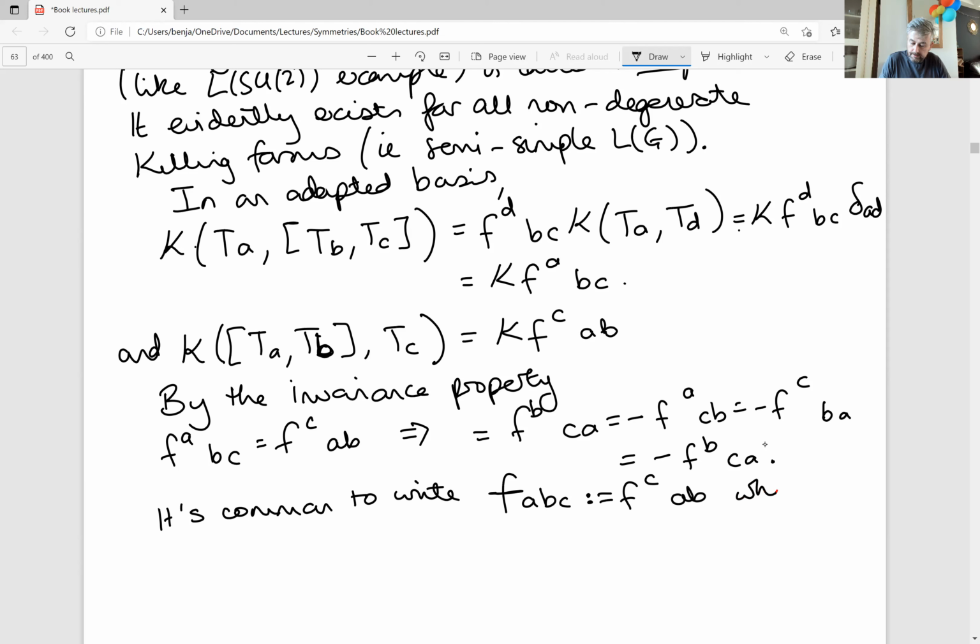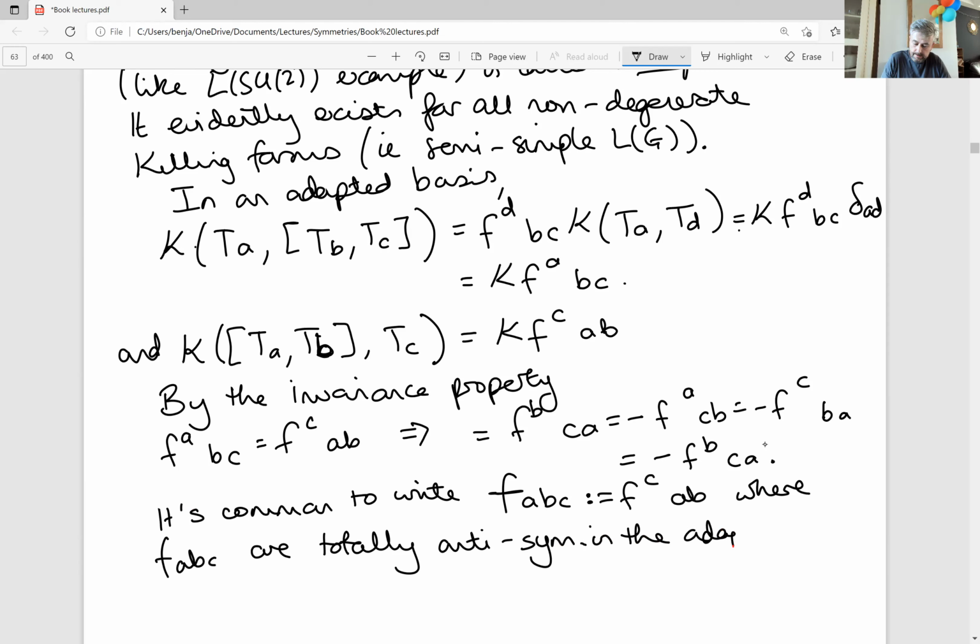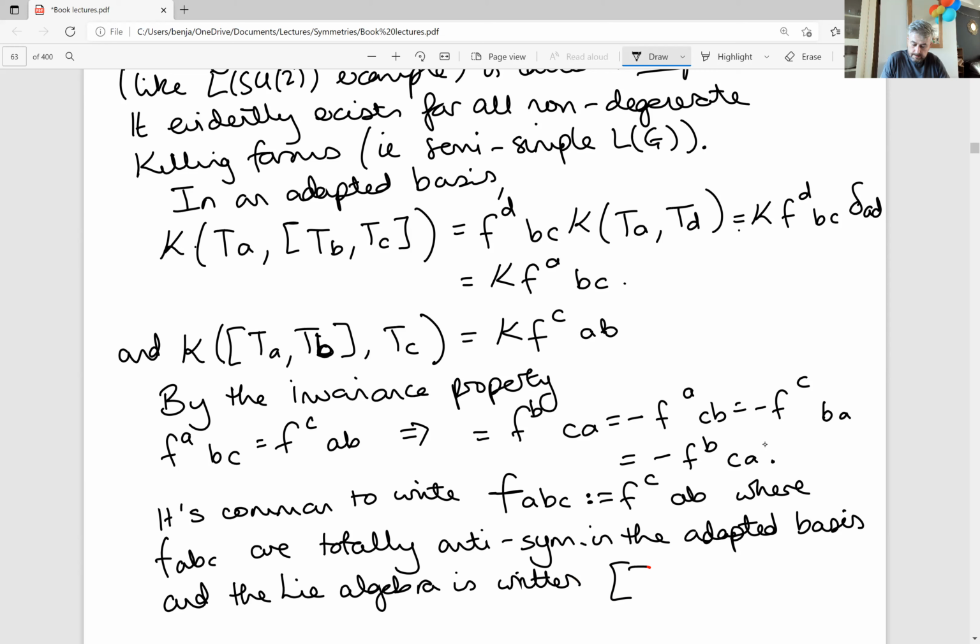And so now the FABC are totally antisymmetric. This is what we've just shown in the adapted basis. And the Lie algebra is written TB is FABC TC.